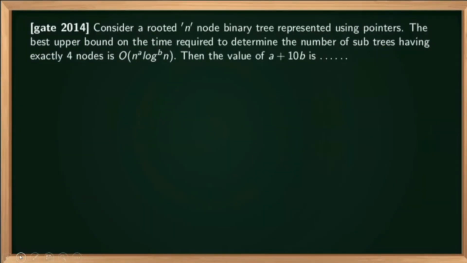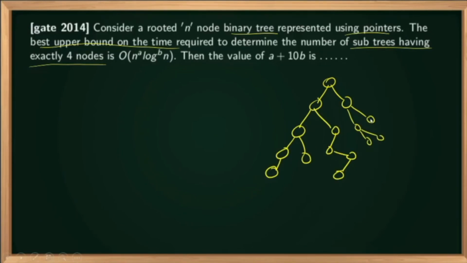Give it 2 minutes. Listen here, okay? So it's given we have a binary tree represented using pointers. And the question is the best upper bound on the time required to determine the number of subtrees having exactly 4 nodes. So for example, if your tree is something like this, subtrees having exactly 4 nodes, right?